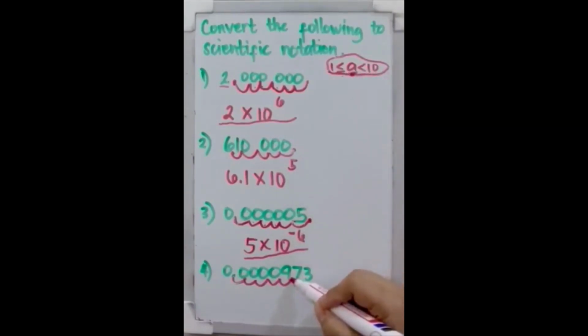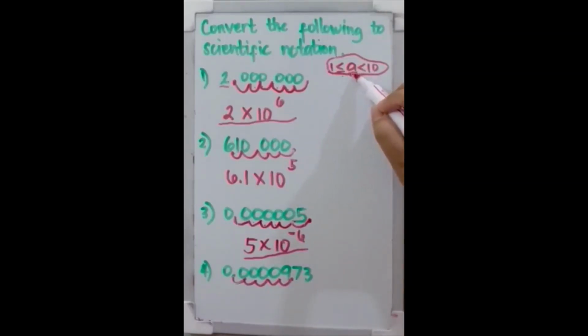Okay, so we can stop here. We cannot proceed one more, because if you make another move, this will become 97.3 and it will violate the rule for the coefficient, because it should be less than 10.